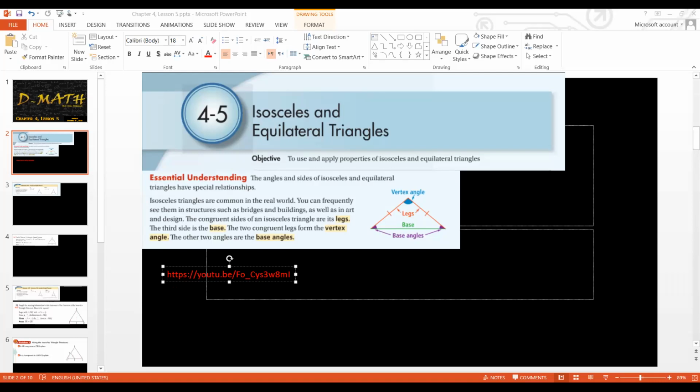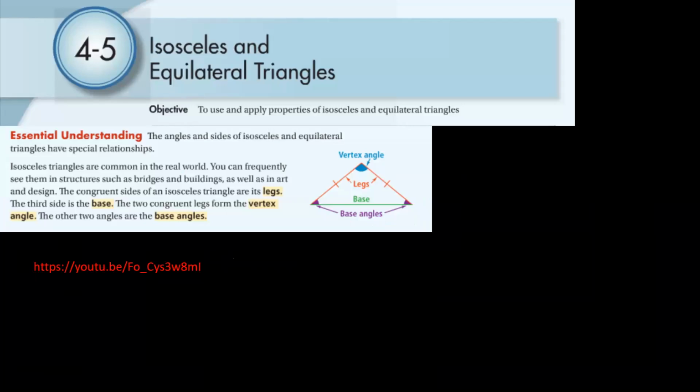And the second one we called equilateral. In the equilateral here, the three sides are equal or three angles are equal. From its name, equilateral means it has equal sides or equal angles.